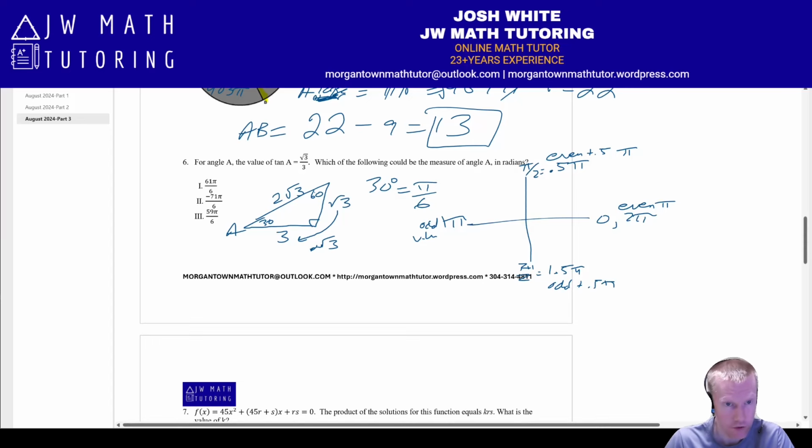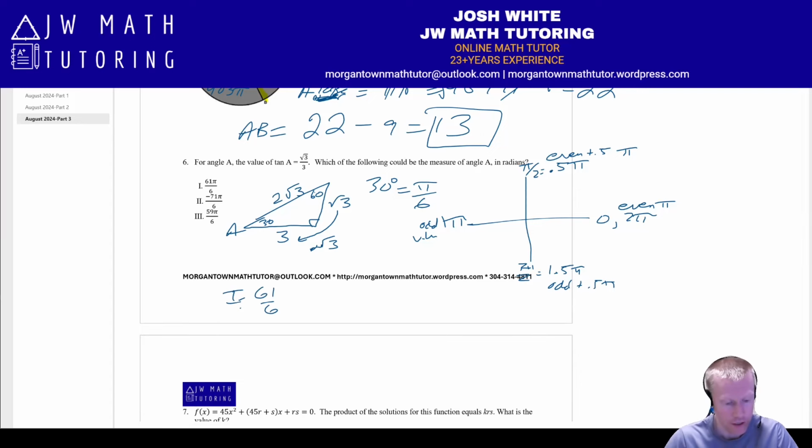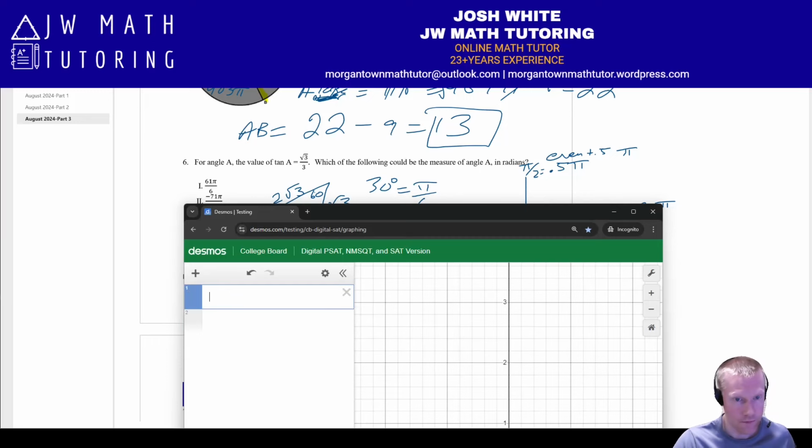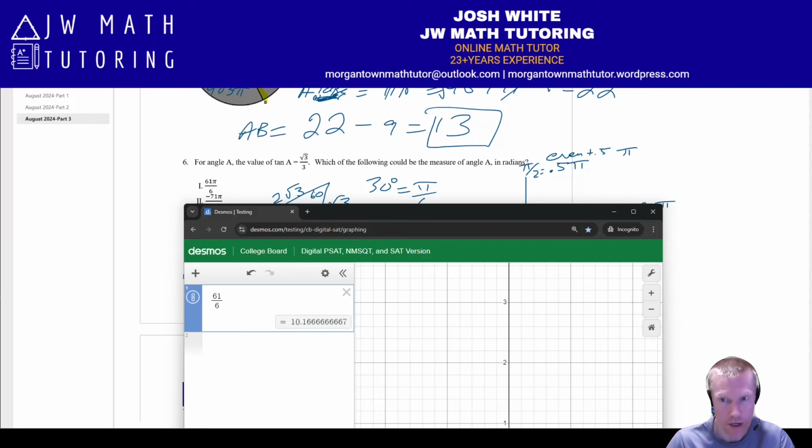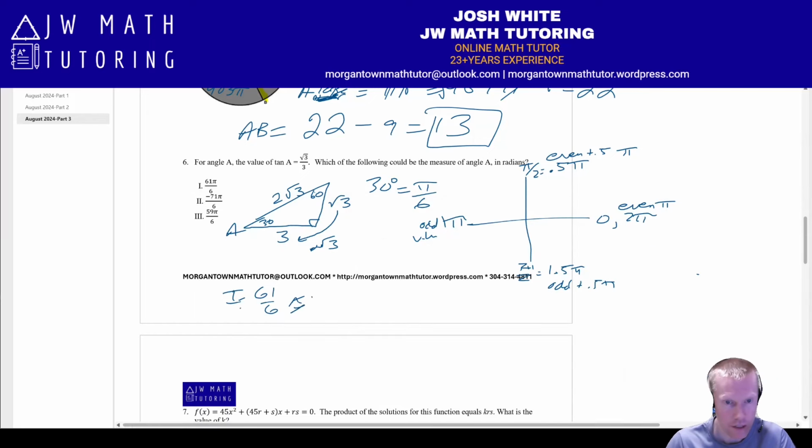So I take the first thing, answer choice 1, 61 pi over 6. Let me just do it down here. Okay, go to Desmos and just divide that. It's 10.17, and again, that's just approximate. So where's 10.17 going to be?